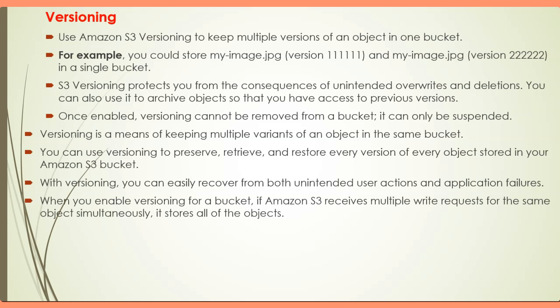When you enable versioning for a bucket, if Amazon S3 receives multiple write requests for the same object simultaneously, it stores all of the objects. So that's versioning, how you can use it in S3 to protect your data, to keep multiple copies of data objects in the same bucket.